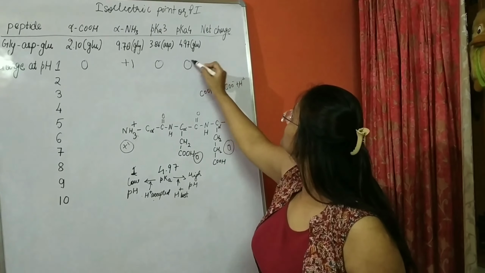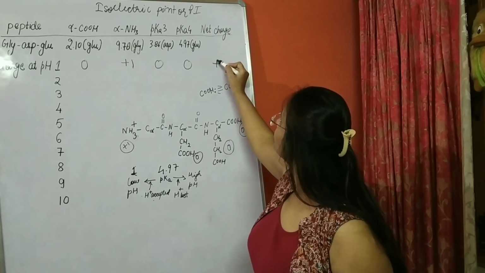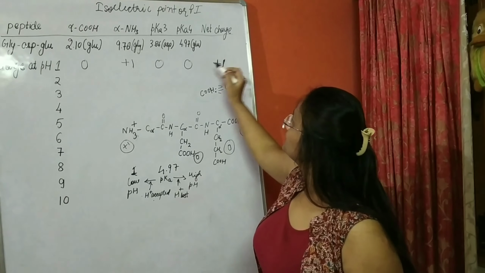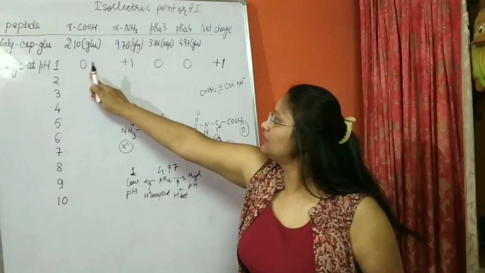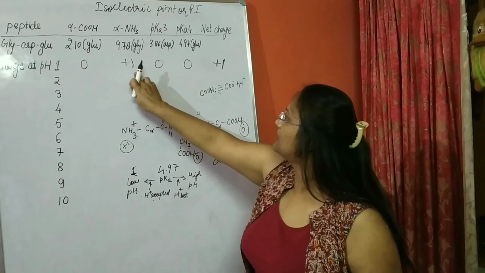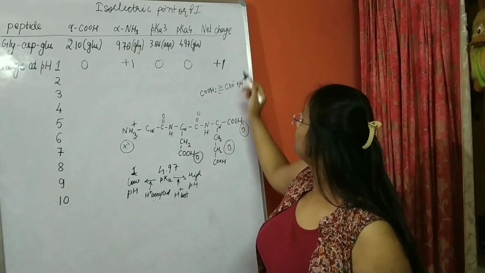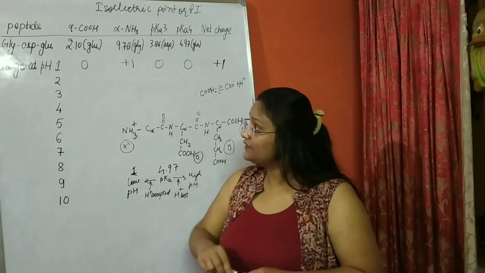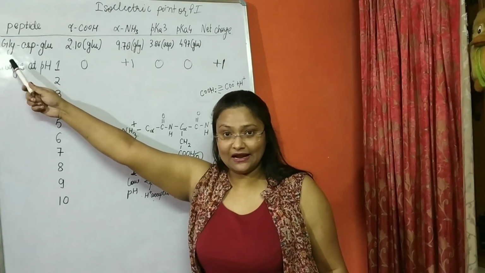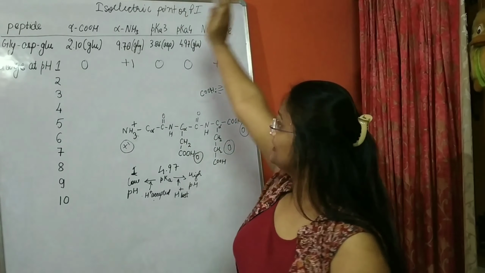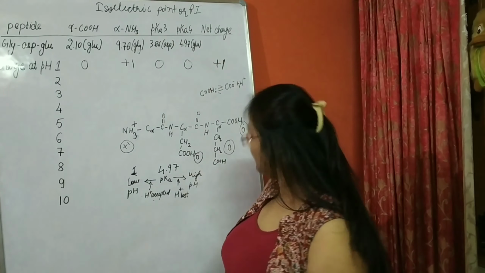Here also the charge is 0. So the net charge is plus 1. We will add all of these, 0 plus 1 plus 0 plus 0. So it will be plus 1. That means if we keep this peptide at pH 1, then the net charge will be plus 1.